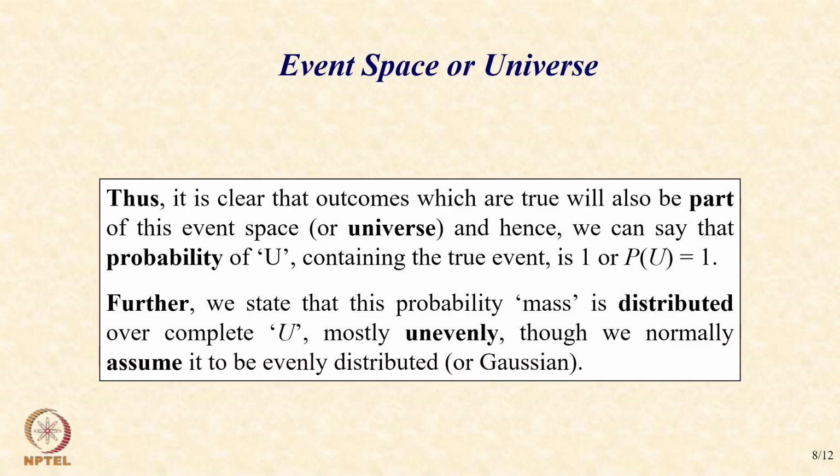Further, we state that this probability mass is like a mass distributed over the complete U. Generally, it is obviously unevenly distributed, which means some events will be more probable, some events will be less probable. But for initial estimates, normally we assume it to be evenly distributed, or what we call the Gaussian.